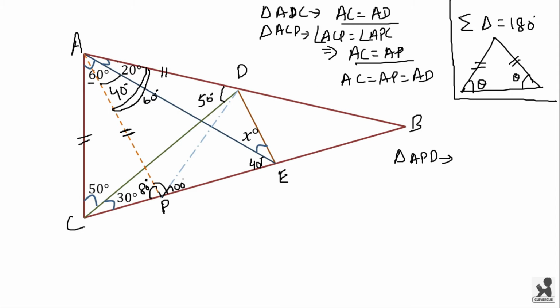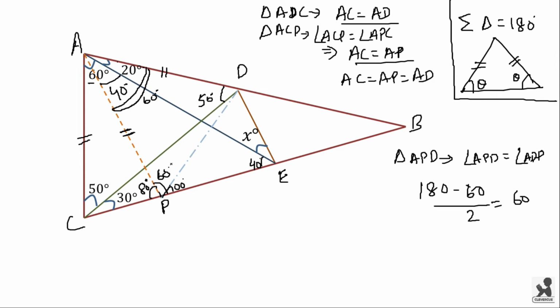So now in triangle APD, angle APD will be equal to angle ADP. So that will be (180 minus 60) by 2, which is equal to 60.